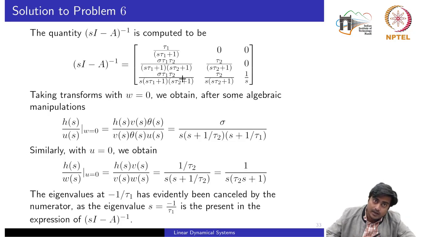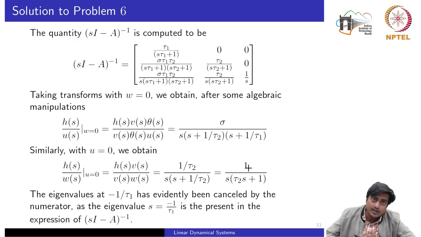Now if all the eigenvalues are visible in the transfer function, it means that I can control the system represented by that transfer function. If I see the transfer function H by U, all the eigenvalues are present here. Now if I see the other transfer function, H by W, we see that one of the eigenvalues, 1 by tau 1, or tau 1 s plus 1, is not available, meaning it has been cancelled out by some part in the numerator.